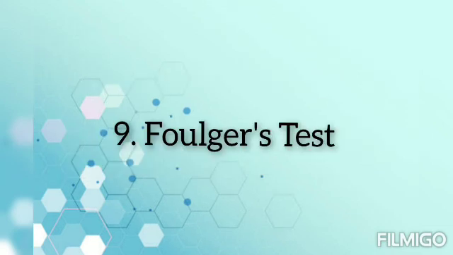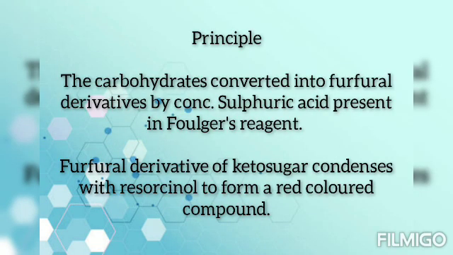And the last test is Foulger's test. Principle: the carbohydrates are converted into furfural derivative by concentrated sulfuric acid present in Foulger's reagent, and this furfural derivative of keto sugar condenses with resorcinol to form a red colored compound.